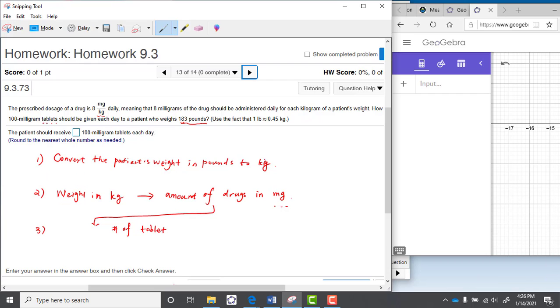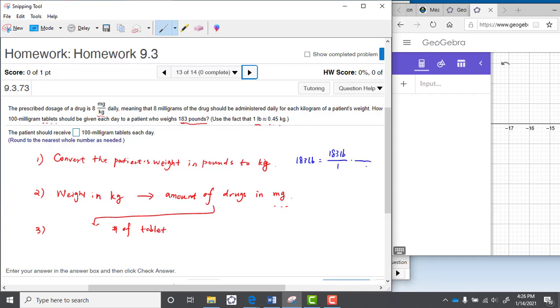So let's carry out these three steps. The first step: 183 pounds to kilograms. Here it says 1 pound equals 0.45 kilograms. If you use dimensional analysis, you start with 183 pounds. First convert this into a fraction, 183 over 1, then multiply by the unit fraction.